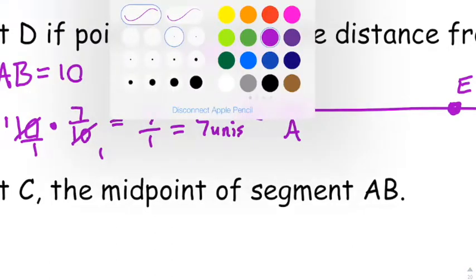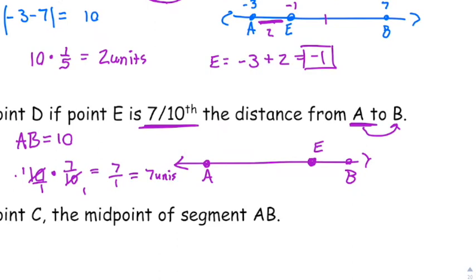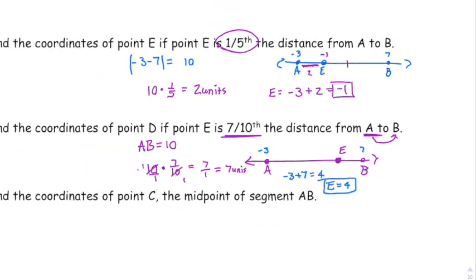Okay, and then the final part here, we take that 7 units and we add it on to point A, like what we did before. We had -3 and 7. So I'm going to take -3. We're going to add on the 7 units. Comes out to 4. So that's where D is at. D is at 4. That's its location there.